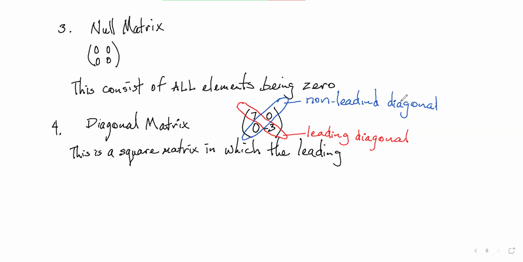So you have a leading diagonal moving from left to right and a non-leading diagonal.